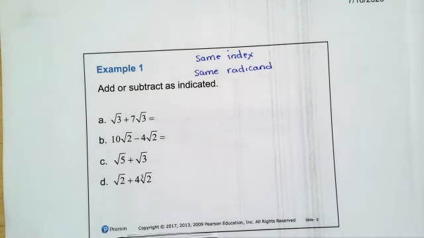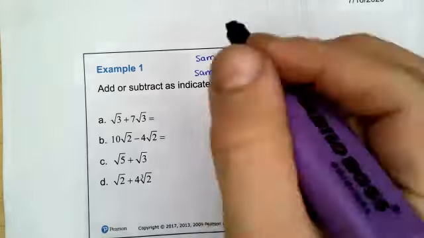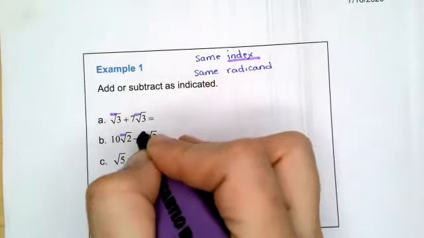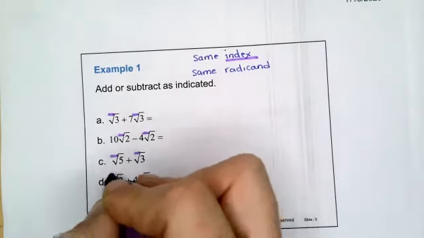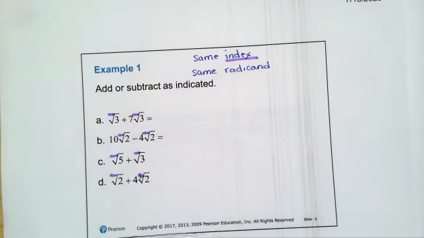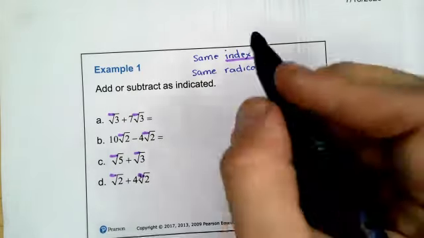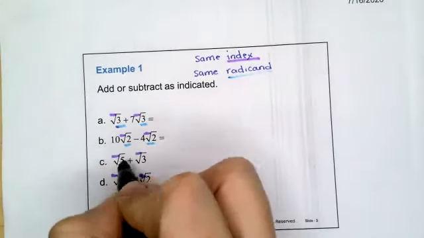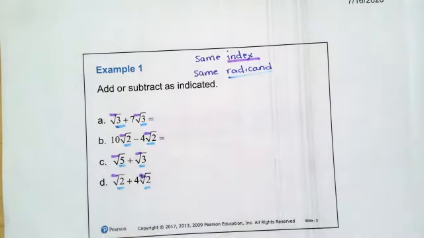And because they are numbers, there are no variables, you can check the answer in your calculator after you find your answer. So your index is going to be up here. That's the only one that's a 3. Everybody else is a 2. And then your radicand is down here. The 3, the 2, the 5, the 3, and the 2.